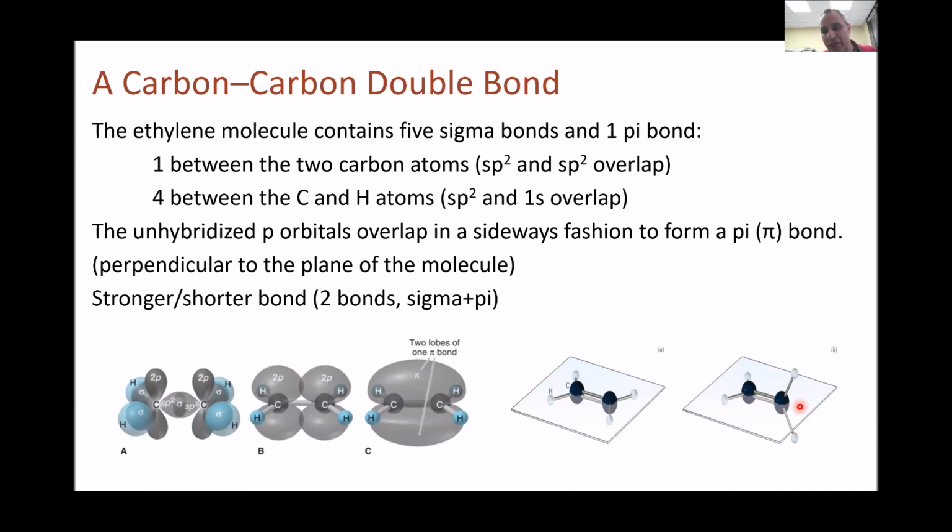So it's not possible to have this type of orientation, because in this case you will have one p orbital in this direction and the second p orbital in this direction, and they are clearly not parallel to each other. In this case, they will not have a bond.